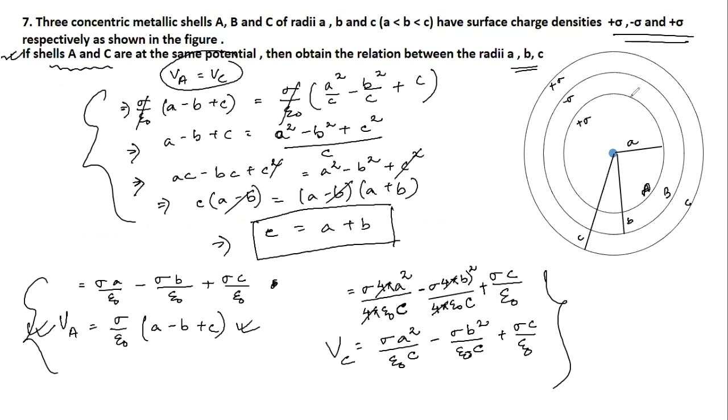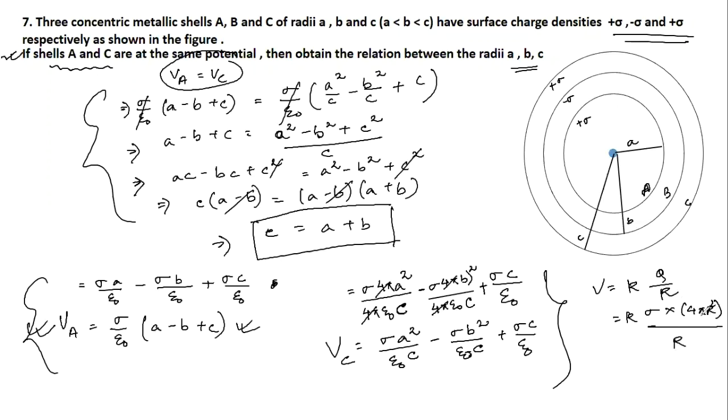So always remember that when you find potential and bring it in terms of charge density, we use this expression only, KQ by R. You just have to check that when you multiply charge density with the surface area, which surface you have considered. If you consider the same surface, there is no such issue because the same R is going to come across.